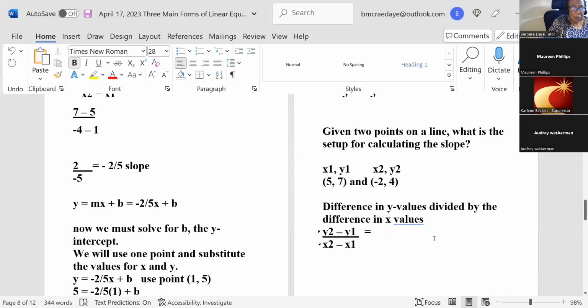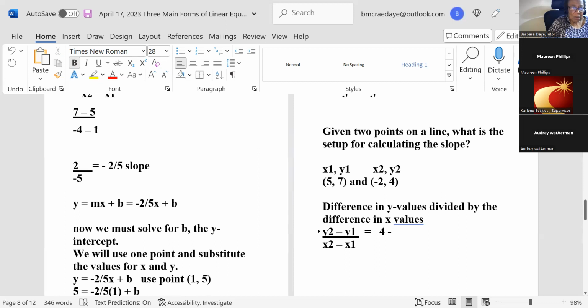Y2 can only be one value, Maureen. I said Y. What is Y2? 4. Do you see that? I labeled them. Y2 is 4. What is Y1, Audrey?